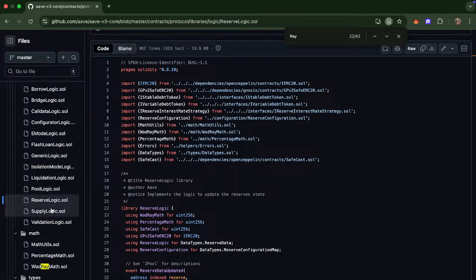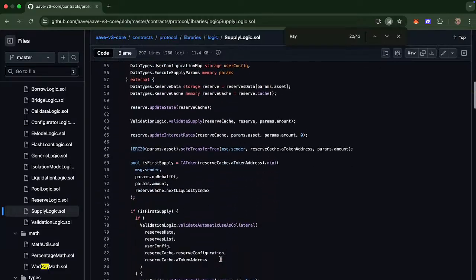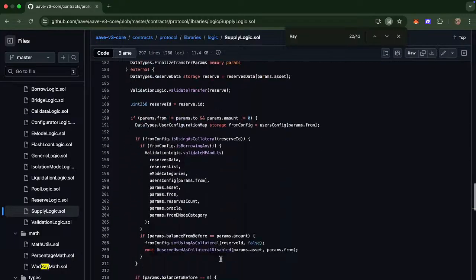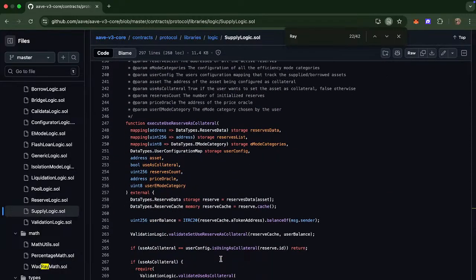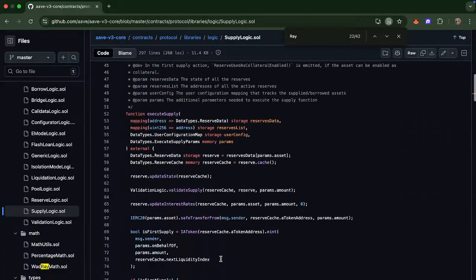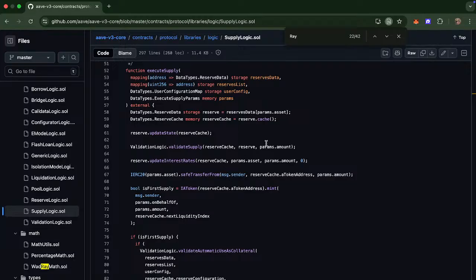Library, pool logic, supply logic. Execute supply. Reserve dot update state, reserve dot validate state, reserve dot update interest rate. These three things. Then we are going to transfer from sender to the A token address, the amount.